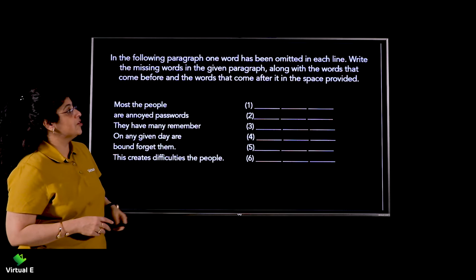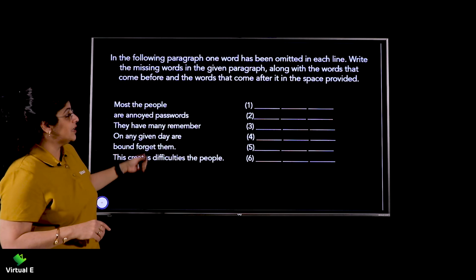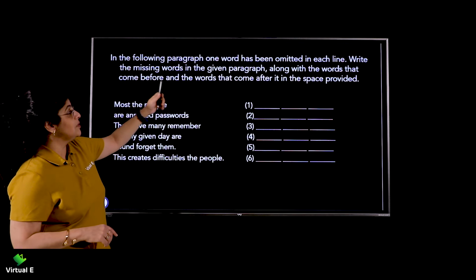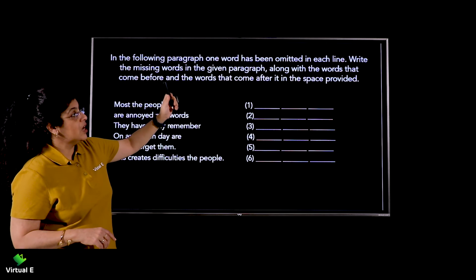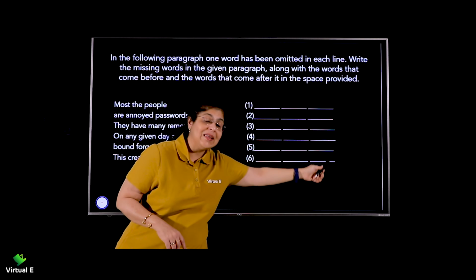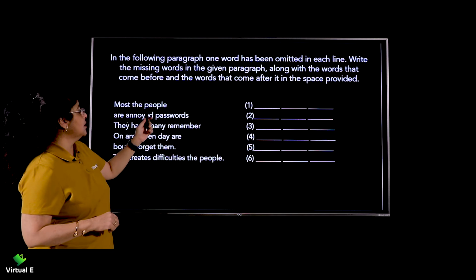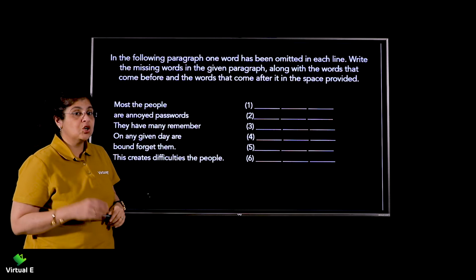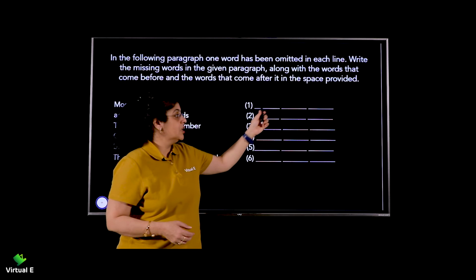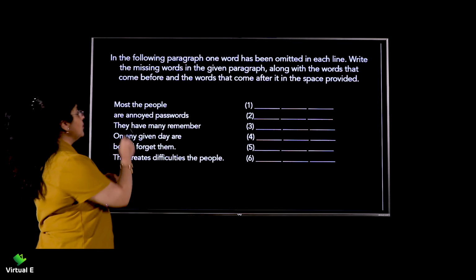In the following paragraph, one word has been omitted in each line. Whichever word has been omitted, I'll tell you how to go about it. Write the missing words in the given paragraph along with the words that come before and after. See, most the people. Now, most of the people. So here you will have most, here you will have of, and here you will have the. So it is coming here.